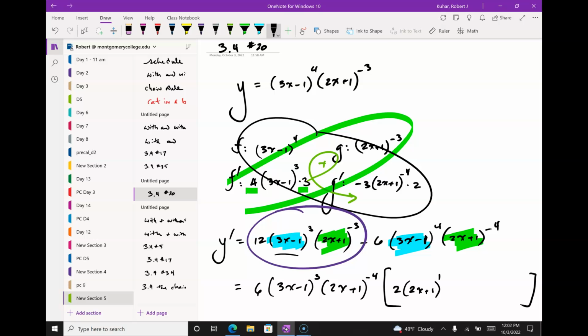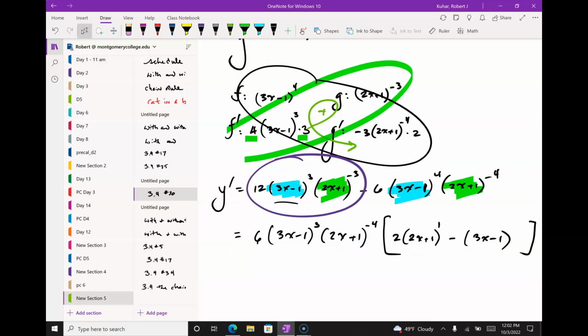So negative 4 and positive 1 will get me that negative 3. Minus the (3x minus 1). Make sure you're okay there. A lot of students don't like this kind of factoring. The fix is, when you have negative exponents, move them to the denominator, okay?